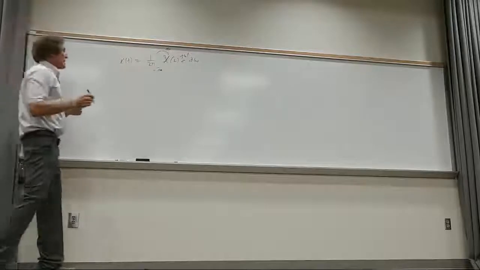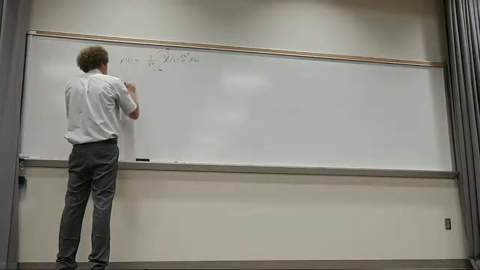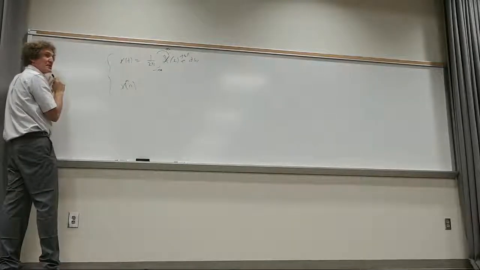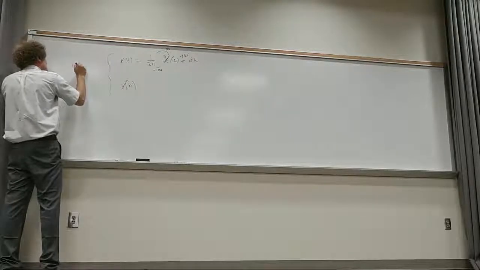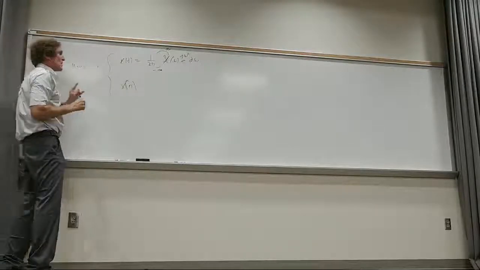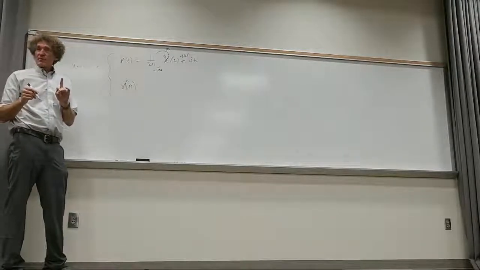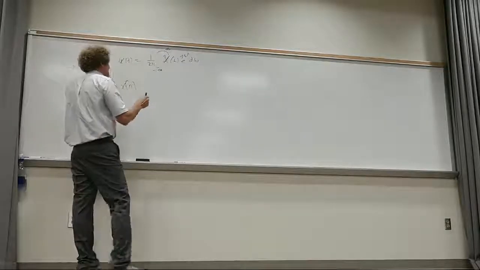Now, x of n, and by the way, both of these are called not analysis but synthesis. This will allow us to synthesize filter properties and see what the actual result we get when we hit the filter with an impulse function.